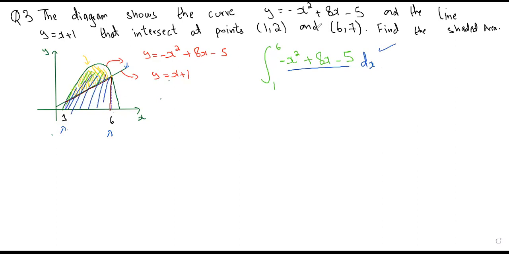But we are not interested in all of this. We are only interested in the shaded region. So once we have the total area, we are going to subtract the area of this trapezium, using the formula for the area of a trapezium, and then that would give us the exact answer, right? So let's start our working for this.